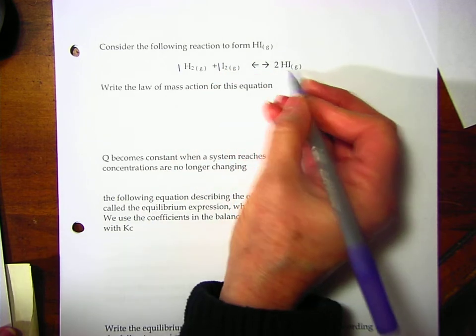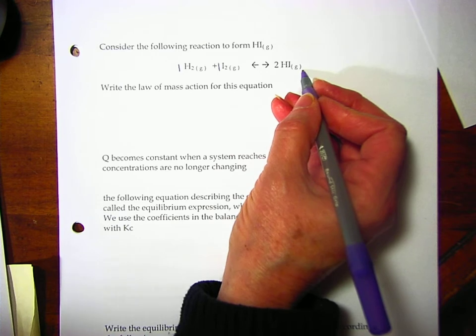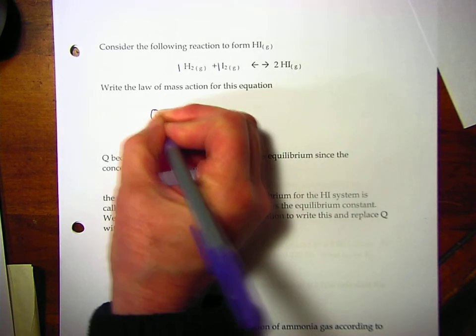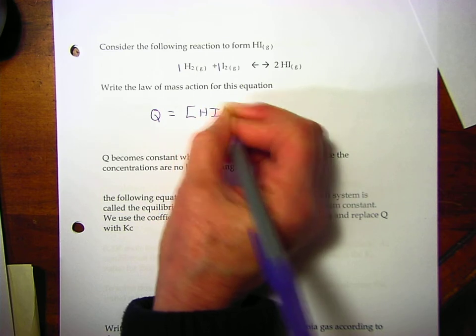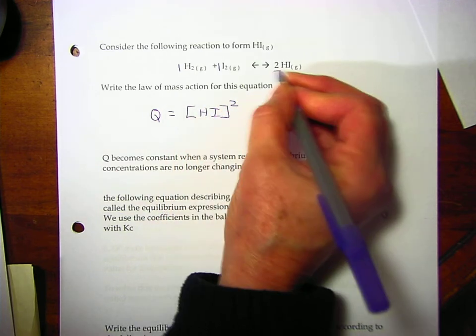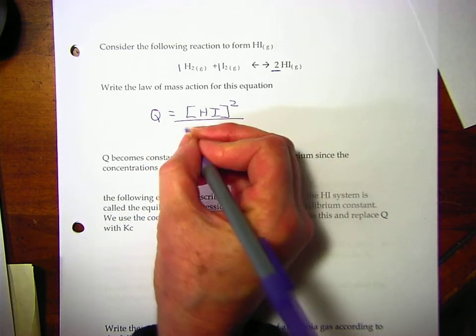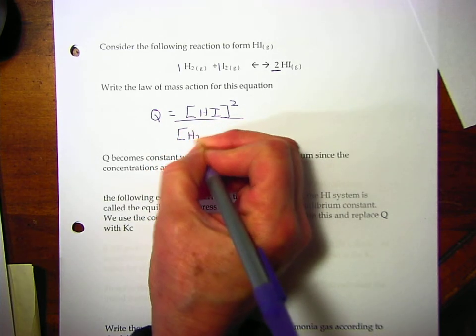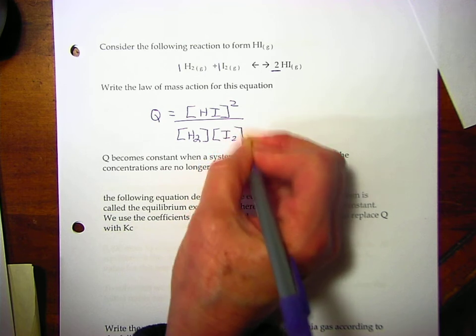And we have 2 hydrogen iodide gas. So we can write our mass action expression. Q is equal to the concentration of the hydrogen iodide squared, because I have this 2 in the balanced equation, divided by the concentration of the hydrogen gas times the iodine gas.